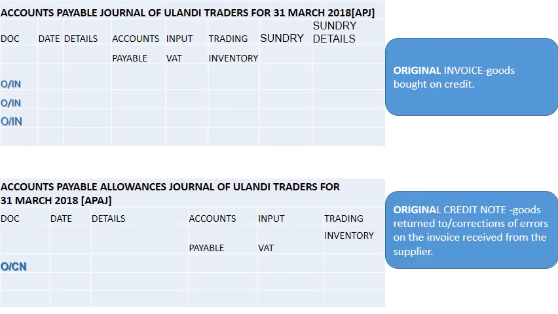In this journal, we will record goods that were returned to creditors or suppliers. Also in this journal, we will record corrections of errors on the invoices that we have received. The source document for this journal will be the original credit note.